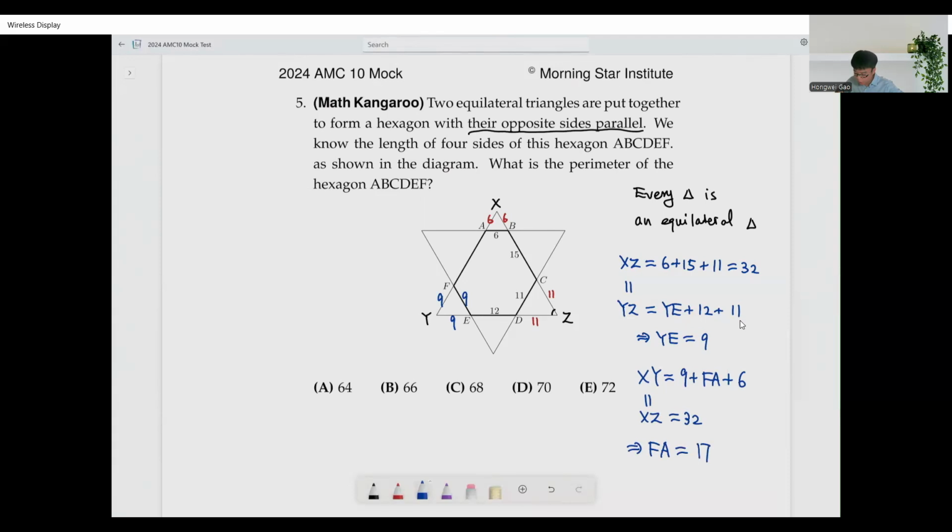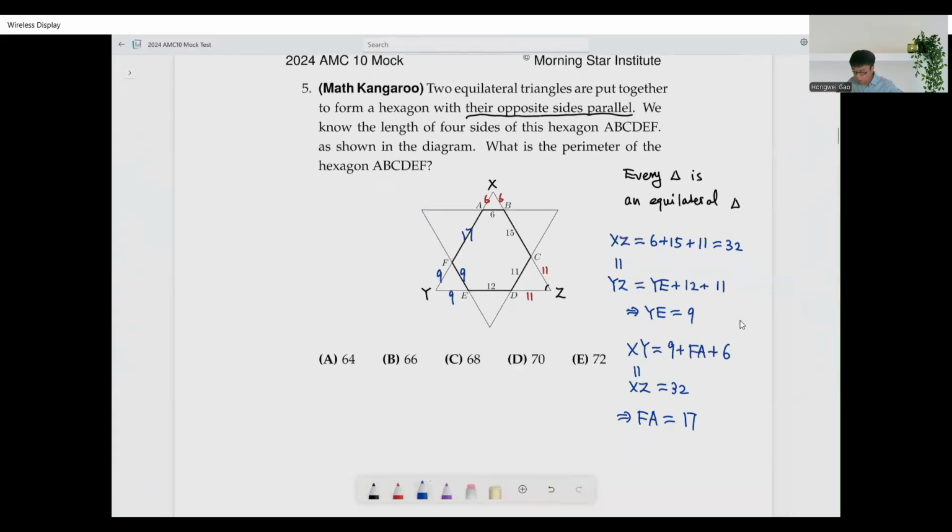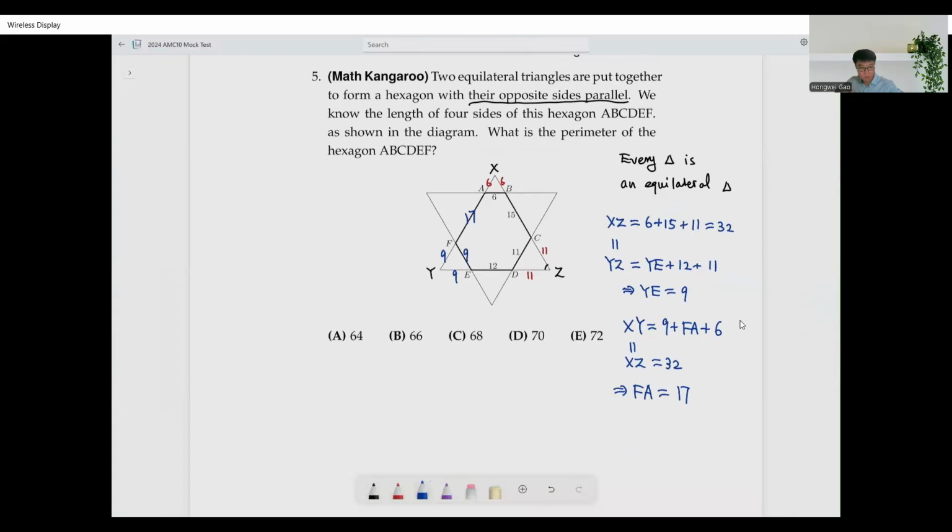So FA equals 17. So far, we solved the length for each side of the hexagon, and we can find the perimeter. The perimeter is 6 plus 15 plus 11 plus 12 plus 9 plus 17. It is equal to 70. The answer here is 70.